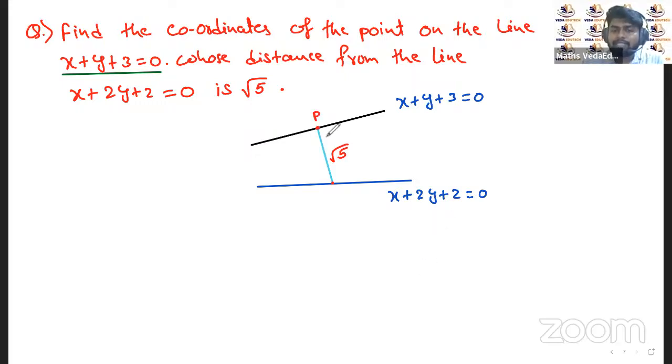Obviously we need to consider the perpendicular distance, and this one is also perpendicular. This line might be crossing like this. It's not in the same plane. It will be on a different plane. It might be in the xy plane, and the second line can be drawn in the yz plane or xz plane.